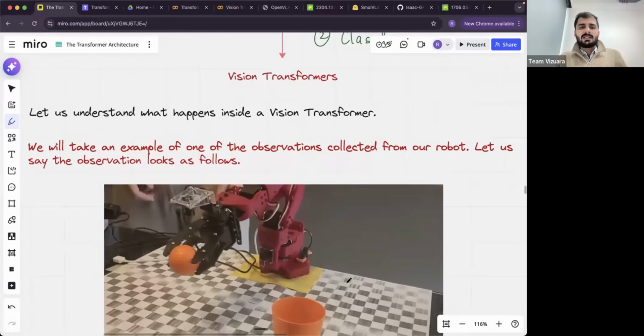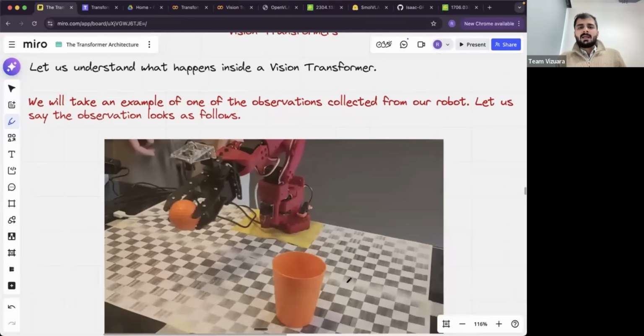Okay, so let's take an example of one of the observations collected from our robot. Pramod says something interesting, taking the first or last context vector. But why are we biased by first or last? What is so special about them?